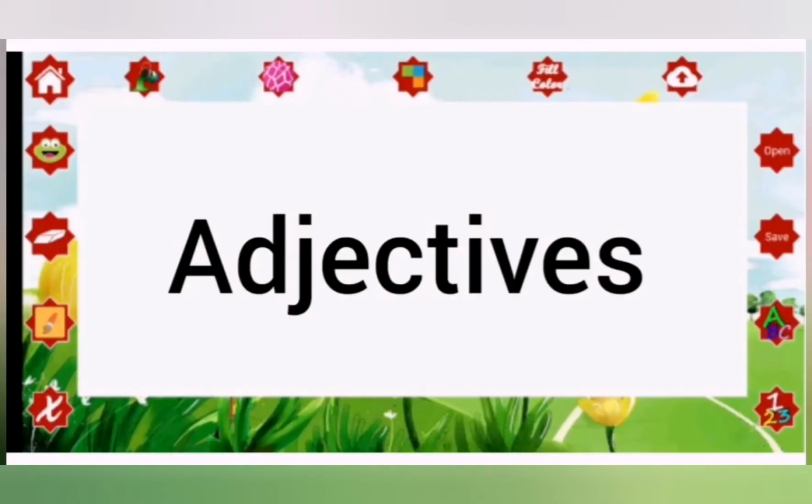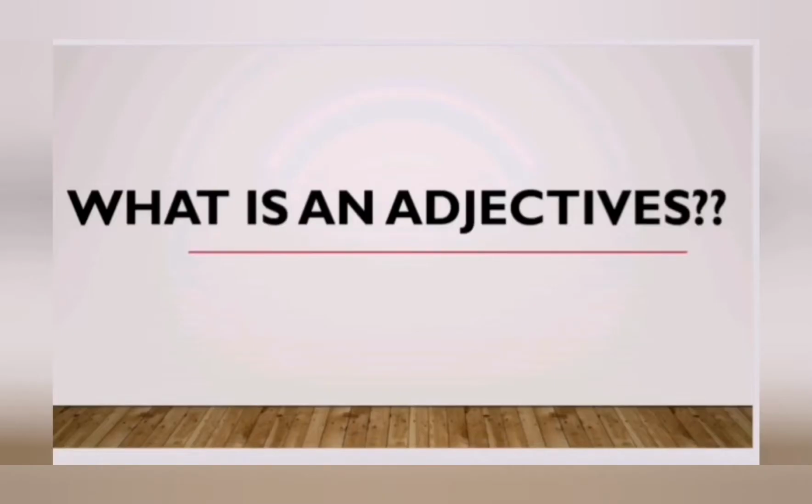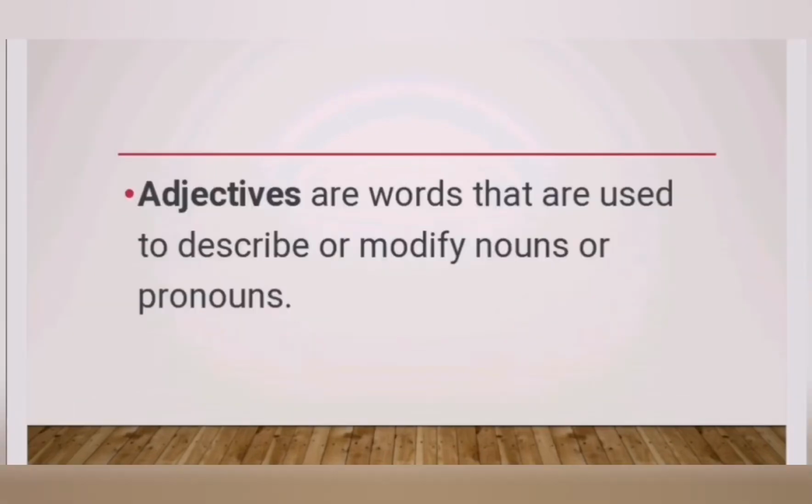Most of the people pronounce it adjective, but it's not adjective, it's adjectives. Now the question is, what is an adjectives? So adjectives are words that are used to describe or modify nouns or pronouns.